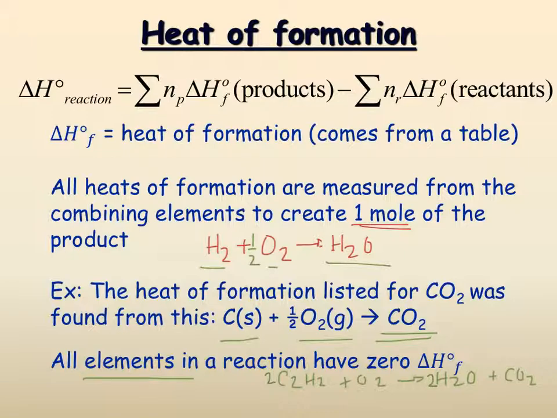So I'll put a 2 here and a 4 there, which gives me 2, 8, 10 waters and 5 oxygens. But with this reaction, because there is elemental oxygen, the heat of formation, depending on your table, it may actually have it on there, but you would see a 0. Okay, so elemental pieces to a reaction always have a heat of formation of 0 because they're in their elemental form. It doesn't take any energy to get them there. They just naturally do it. Okay?